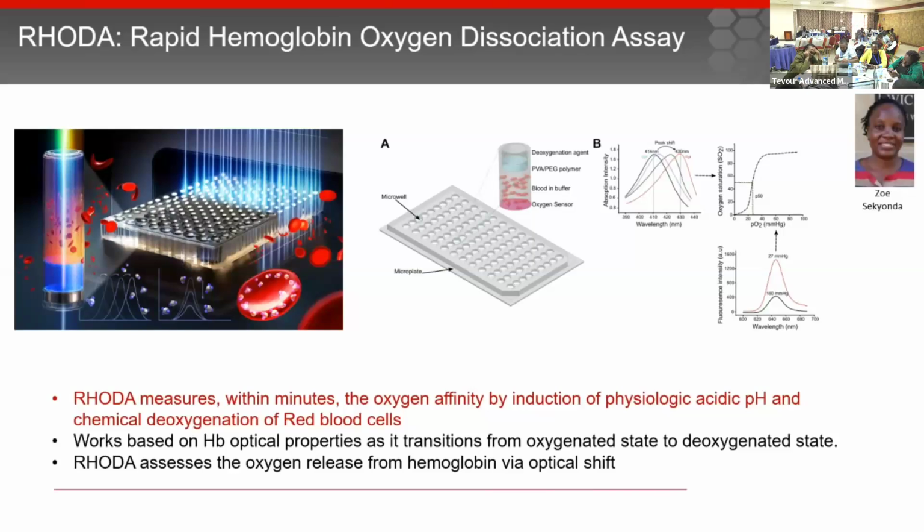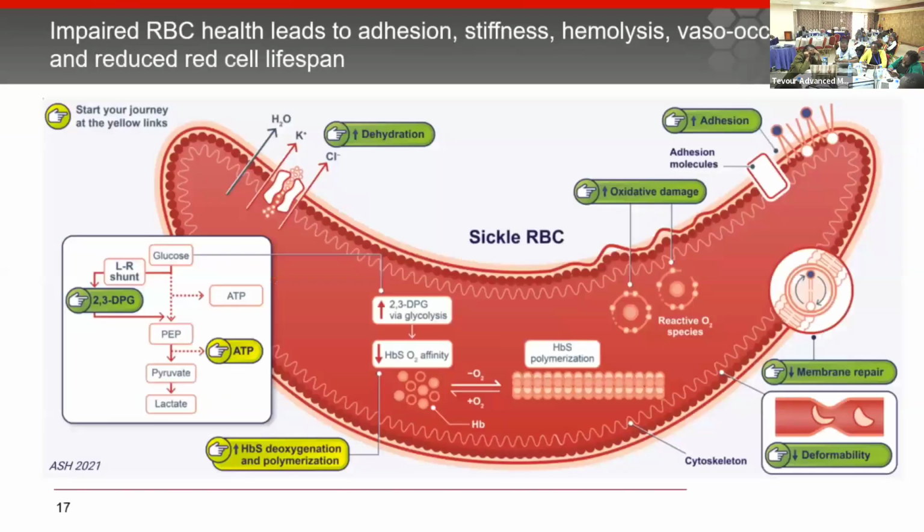We've used light to monitor that transition, and we've also developed other molecules, like oxygen sensors, that are able to read the oxygen levels within the assay as we are dissociating. Then we are able to develop an oxygen dissociation curve.